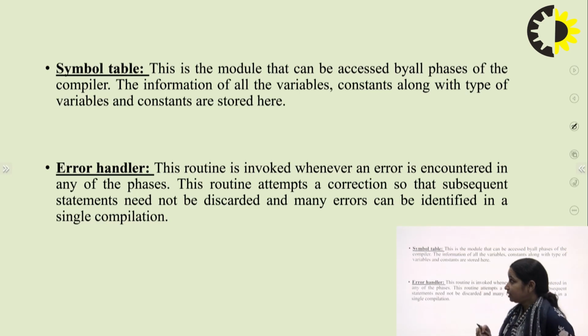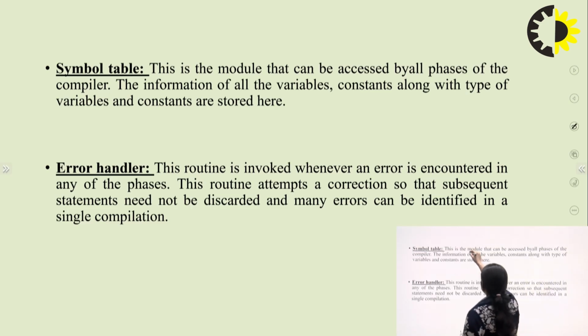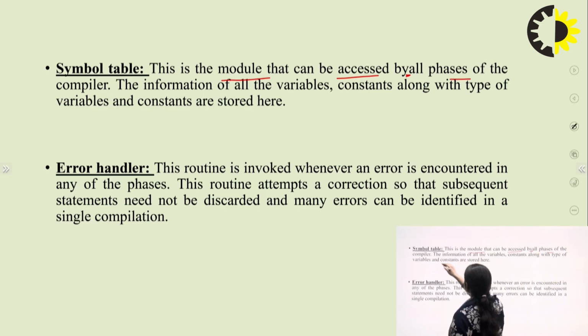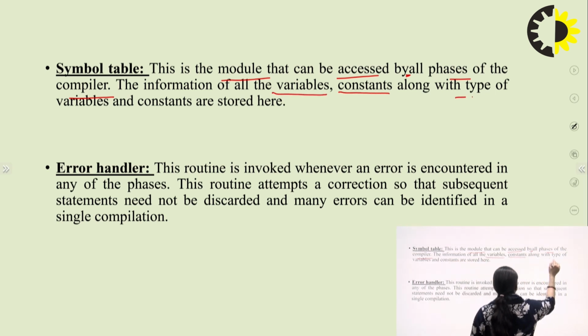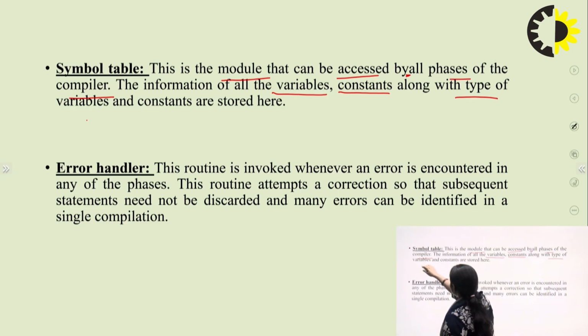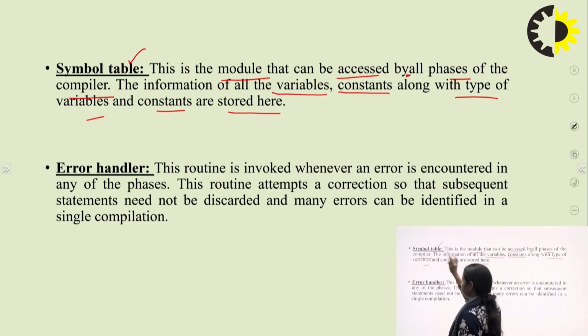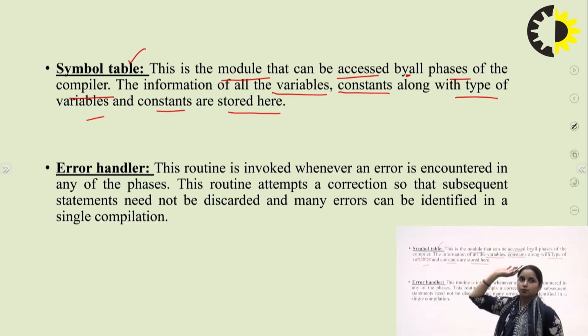The symbol table is the module that can be accessed by all phases of the compiler. The information of all the variables and constants, along with their types, is stored here in our source program.